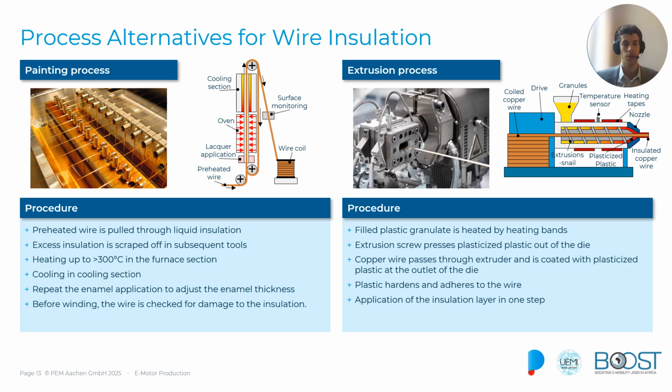In the extrusion process, a fillet plastic granulate is first heated up by heating bands, after which an extrusion screw presses the melted plastic material out of the die, and simultaneously a copper wire passes through the extruder and is coated with this melted plastic at the die's outlet.